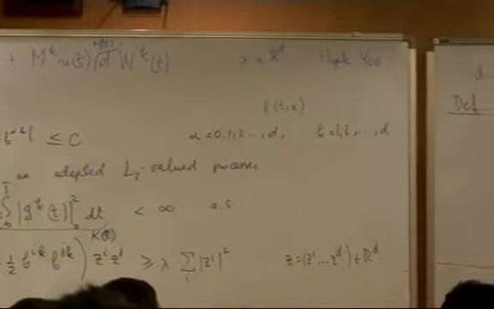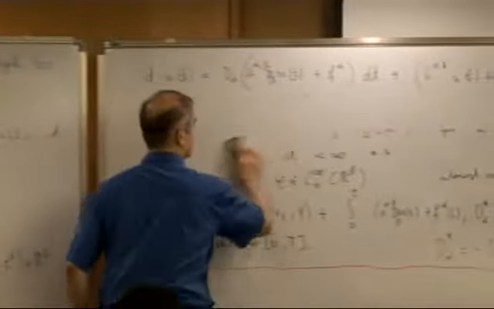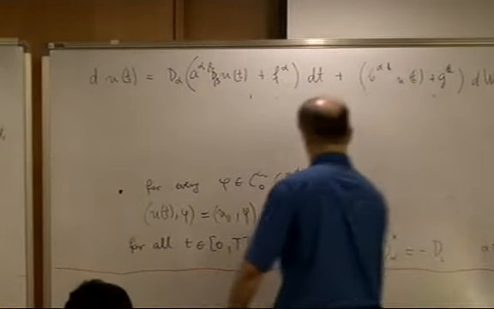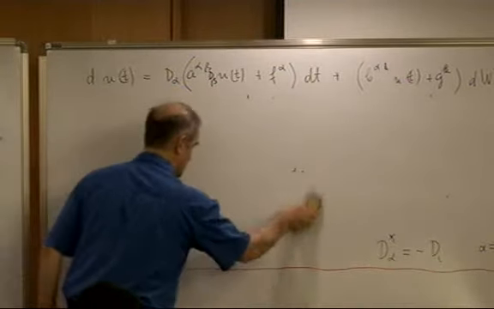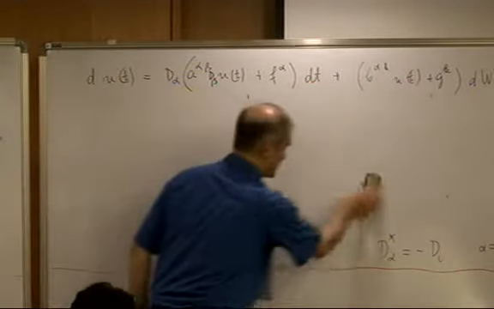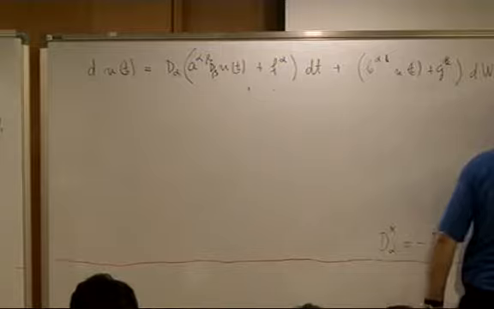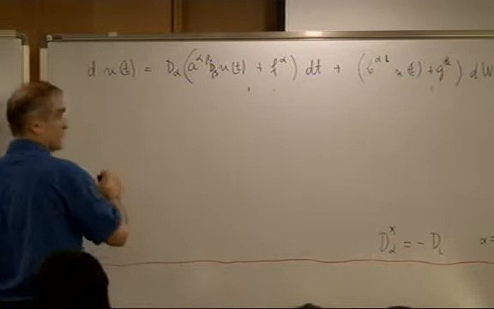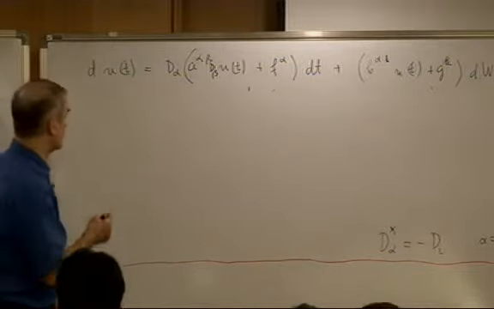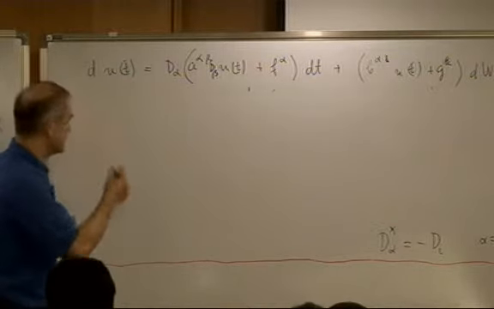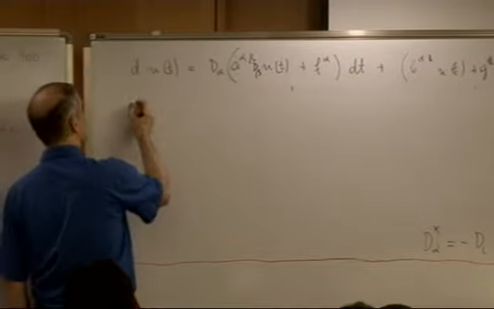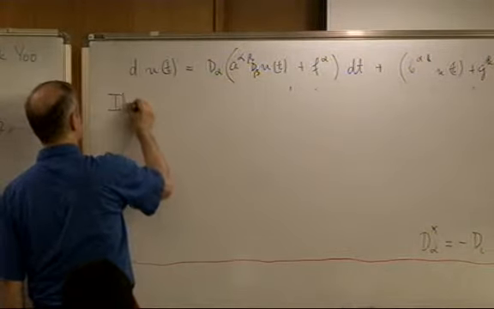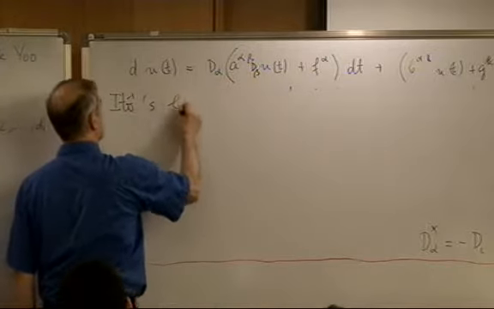The crucial role in this L2 approach is played by Ito's lemma for the square, whose deterministic version is well known, I suppose. So, Ito's lemma.